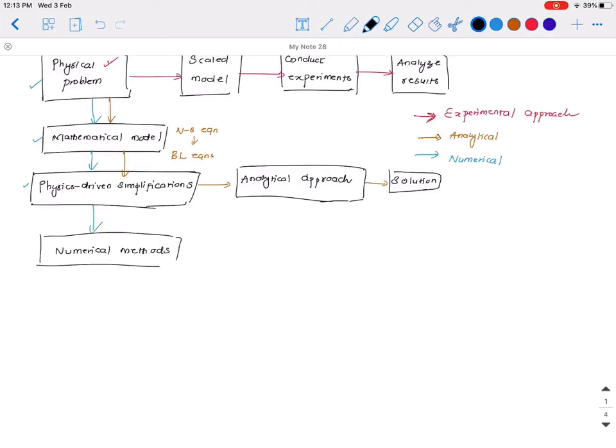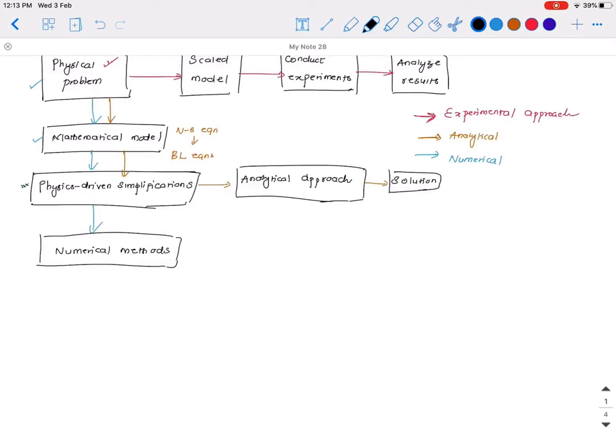We employ numerical methods on the governing equations or the simplified equations that we obtain after this step. This physics driven simplification is an optional step. It may not be there. We can always directly approach the original equation. Numerical methods have two steps.